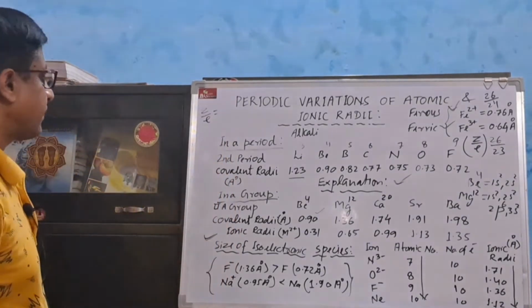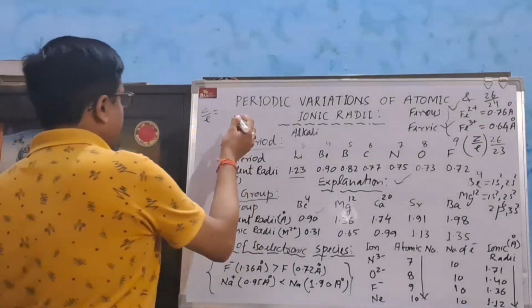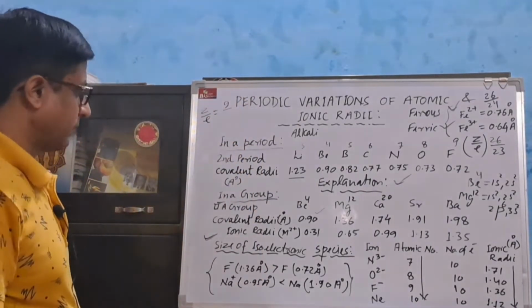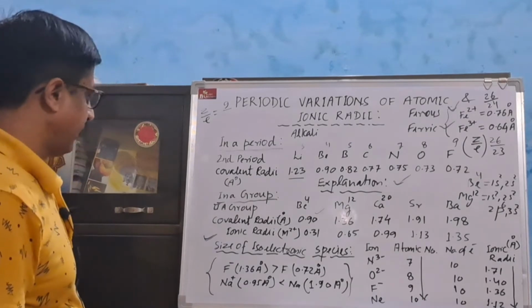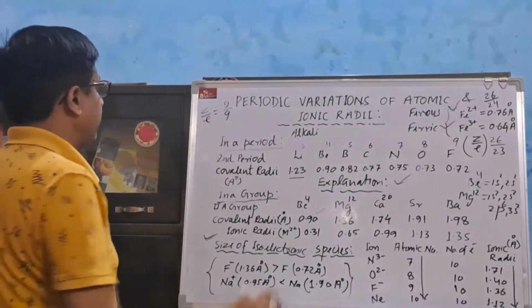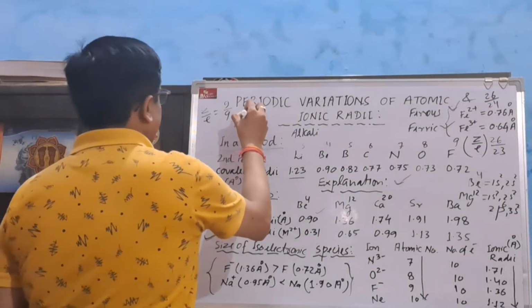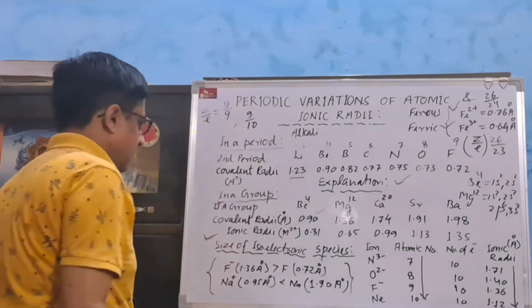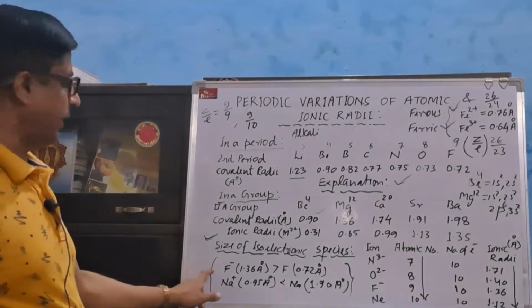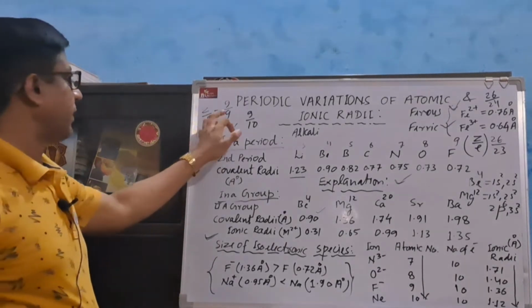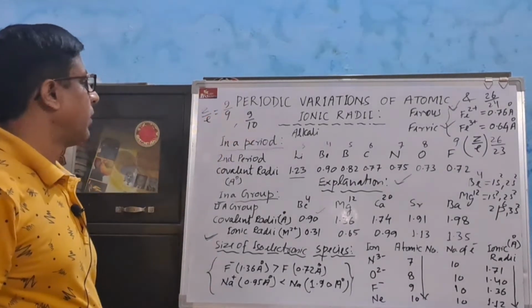This can be explained on the basis of Z upon E ratio. In case of fluorine, atomic number is 9, so Z upon E is 9 upon 9, but in case of fluoride ion, since one more electron is being added, the Z upon E ratio is 9 upon 10.